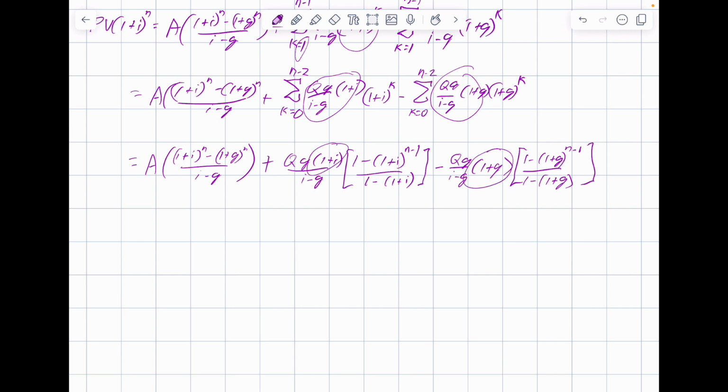We'll distribute this 1 plus I and 1 plus g back into the equations. So this a term just gets carried down.